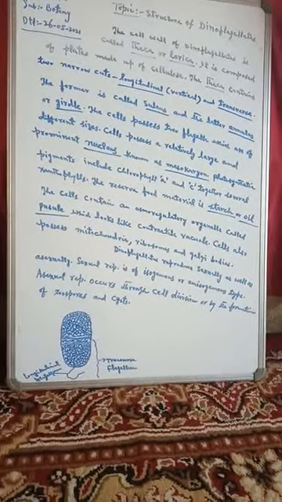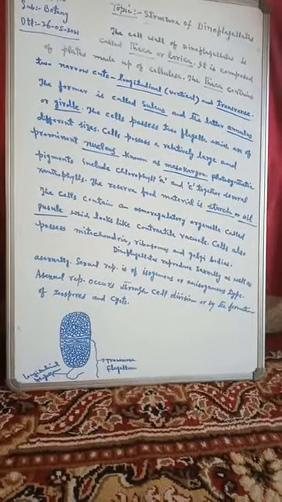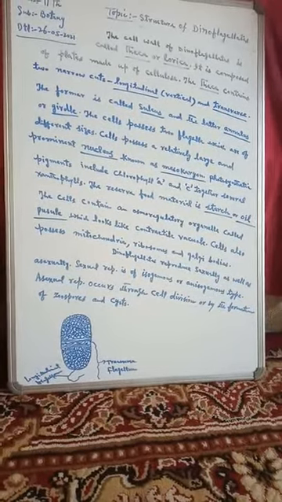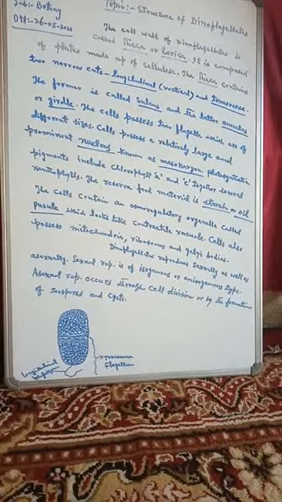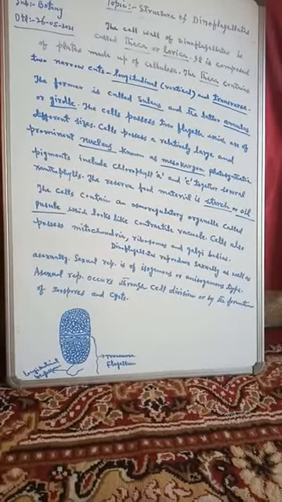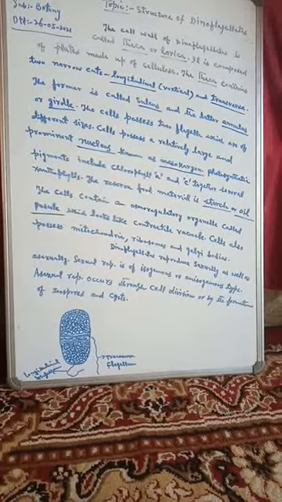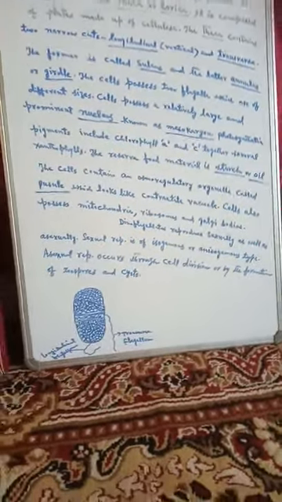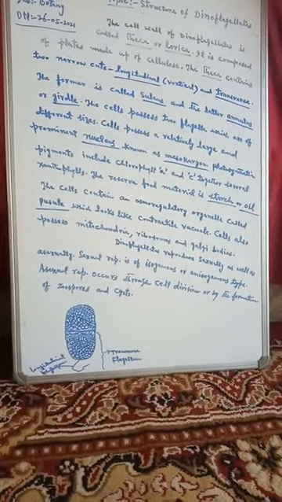Dinoflagellates reproduce sexually as well as asexually. Regarding the sexual type of reproduction, it can be isogamous, that means it takes place between two similar gametes, or it can be anisogamous, that is, it occurs by two different types of gametes.